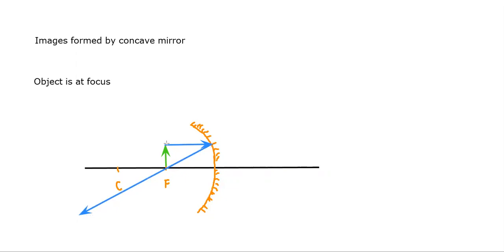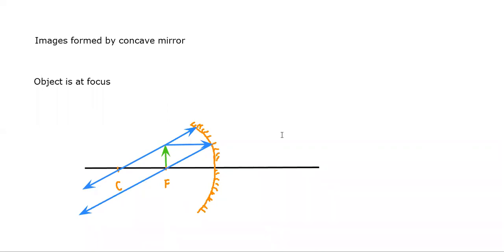Now the next ray, the second ray, would pass through the center of curvature. The next ray would go like this, and you have to extend it backward, and when you extend it backward, it will pass through C, the center of curvature. Now see, these two rays will never meet. These two rays are going parallel, so the image will be formed at infinity.